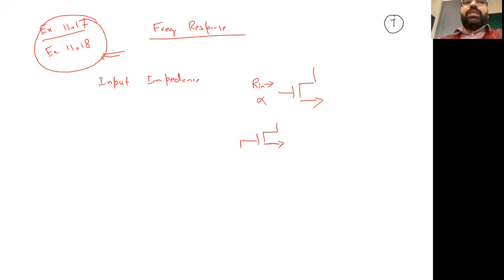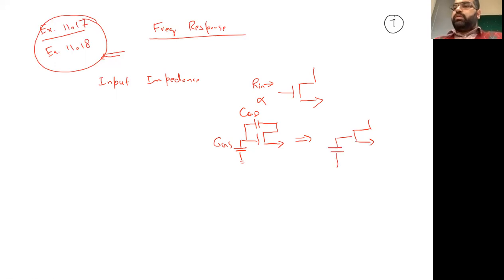We have a capacitance here and a capacitance here. So here we have a gate to drain capacitance, and here a gate to source capacitance, and this was resulting in something like this: CGS plus (1 plus GM RL) times CGD, if RL is connected here.